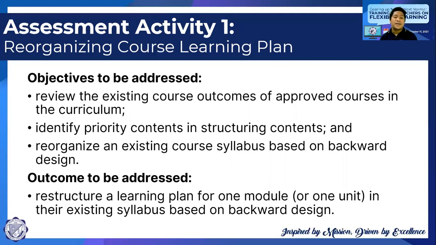The outcome is to restructure a learning plan for one module or one unit in your existing syllabus based on backward design. Meaning, you are going to restructure the learning plan of an existing syllabus that you are teaching this semester or will be teaching next semester.